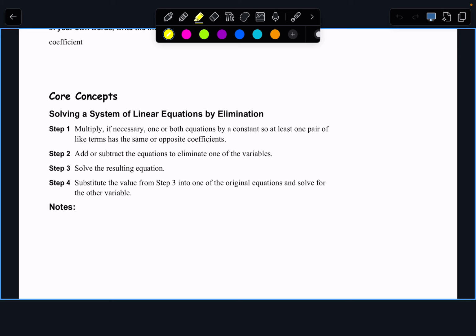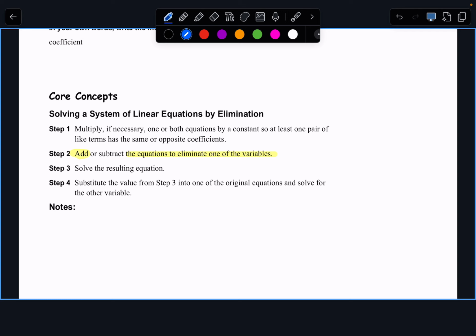Like 2 and -2. If the coefficients of y are 2 and -2, those are opposites. Okay? So, if we have opposite coefficients for our variables, then we can add the equations to eliminate the variables.